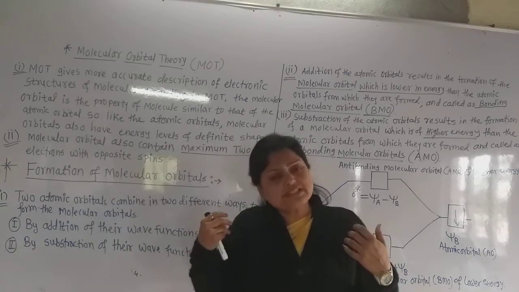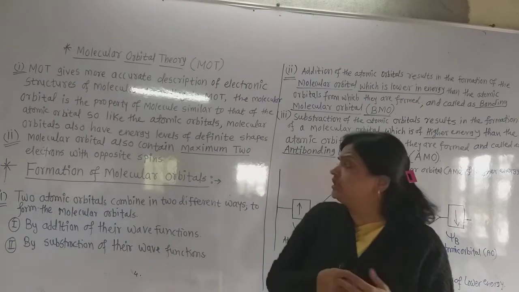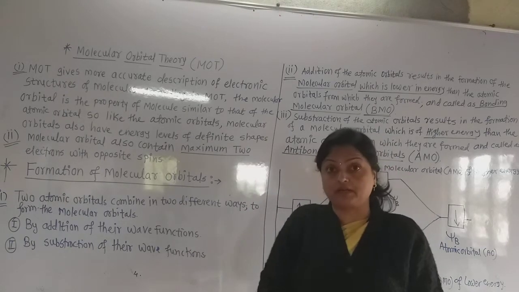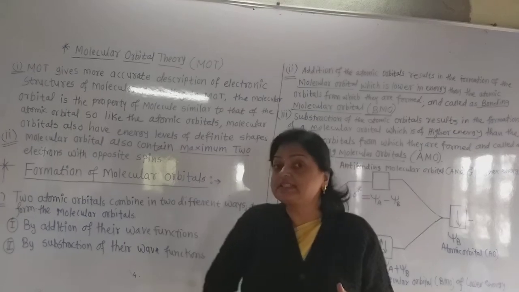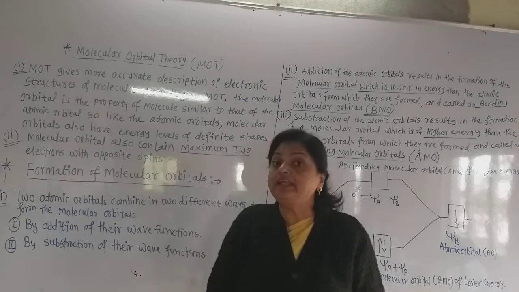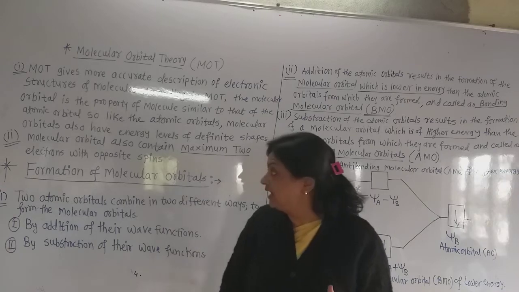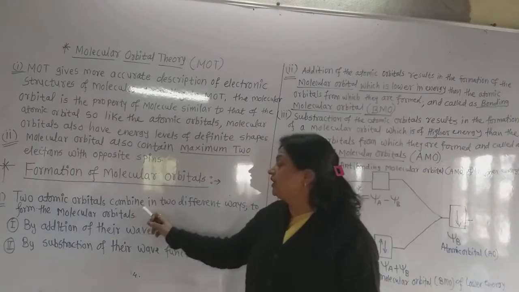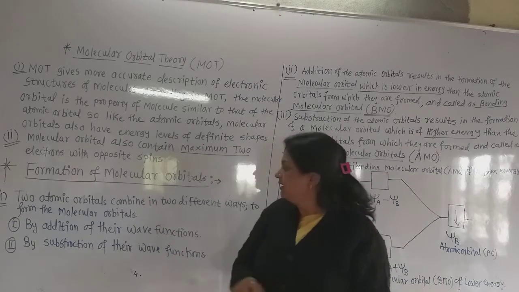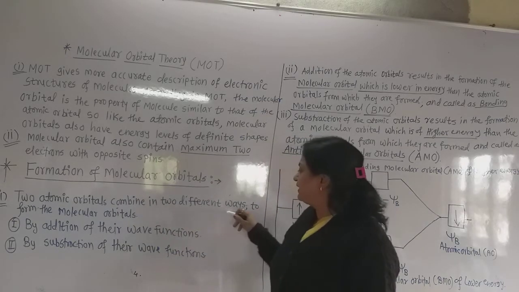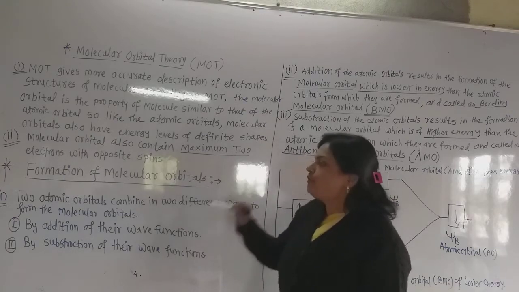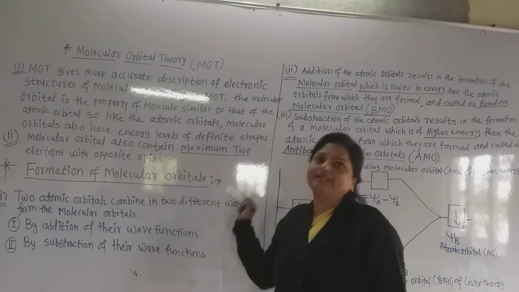Now, this is very important: the formation of molecular orbitals. Listen very carefully and pay attention here. Two atomic orbitals combine in 2 different ways linearly to form molecular orbitals.